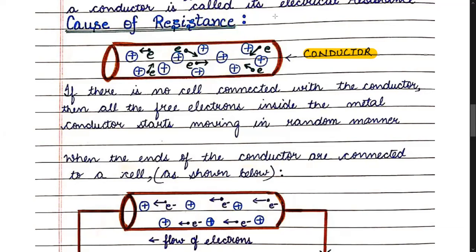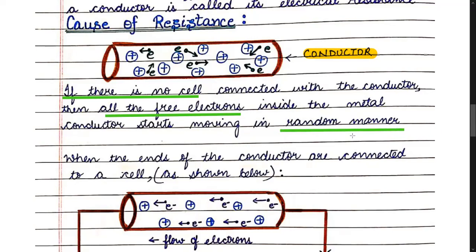So if there is no cell, if I have not connected any cell or battery in the first diagram, then all the free electrons inside the metal conductor start moving in a random manner.